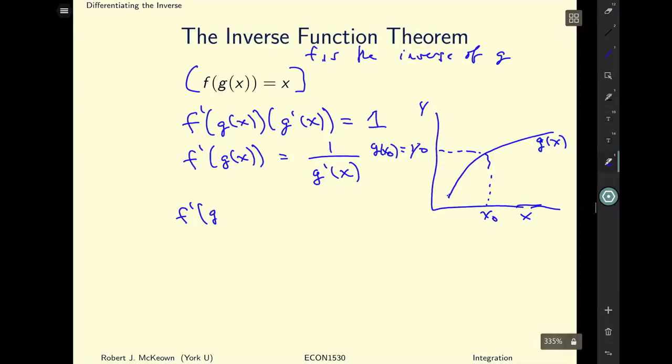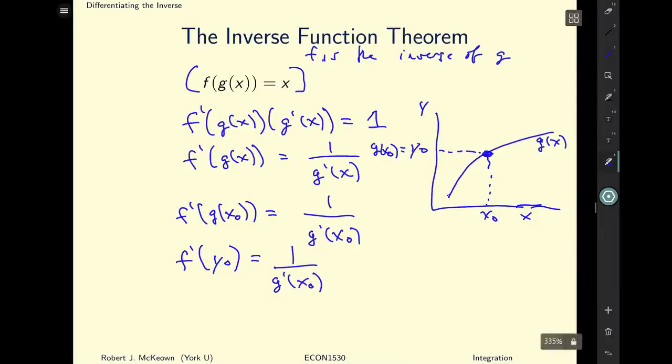And so we could have g prime of x naught equal to 1 over f prime of y naught. Or, sometimes we call it x naught, and the left-hand side becomes f prime of y naught is equal to 1 over g prime of x naught.